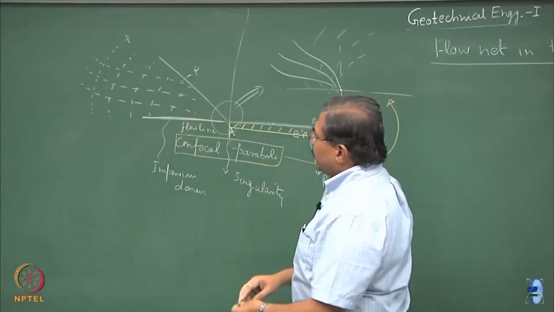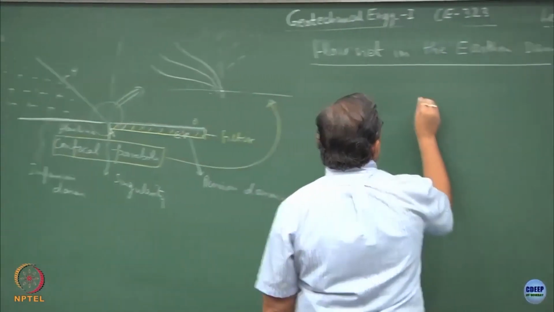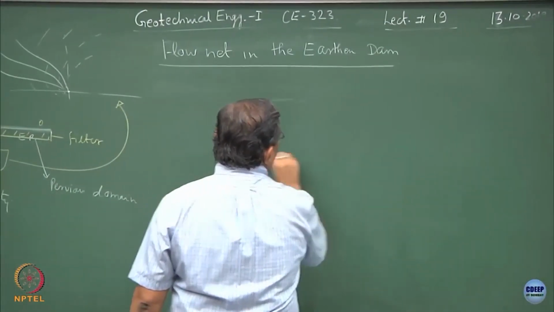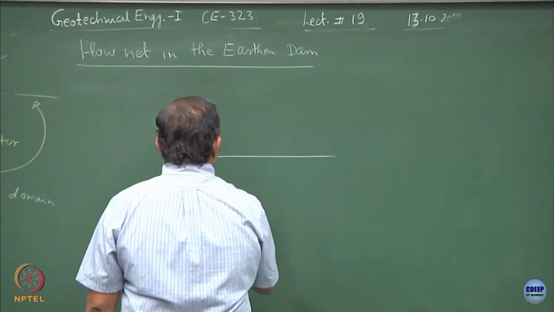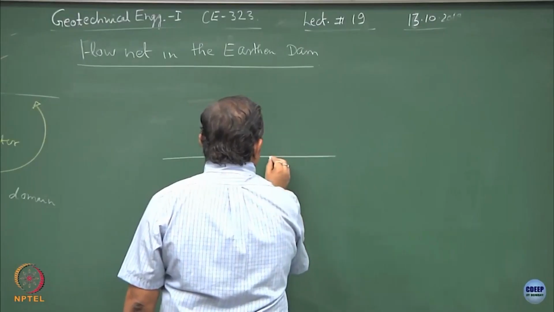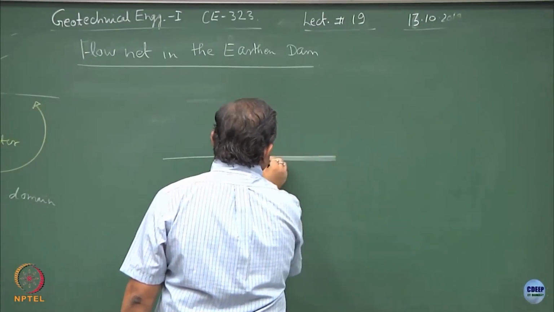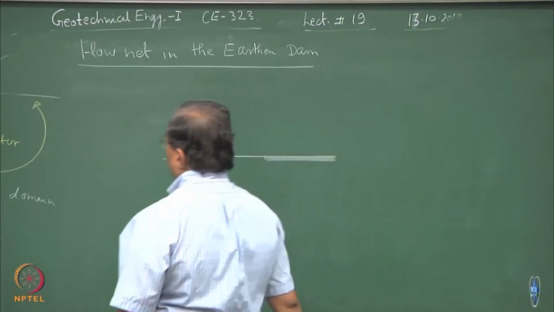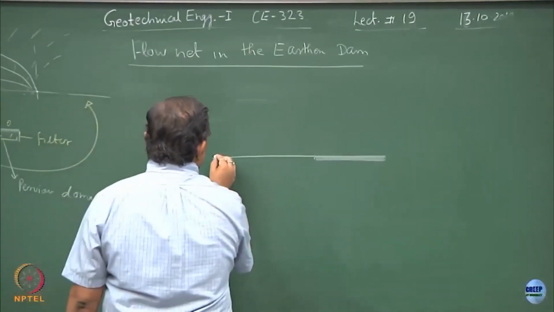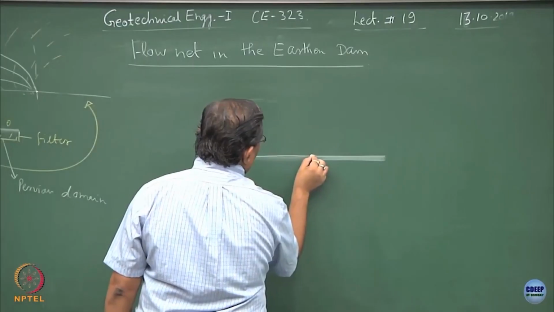And at the time of construction itself this can be done. So, imagine if you want to construct a dam, how would you do it? You will first lay in this portion a certain layer of granular material, you will start laying the soil on this side and compacting it.